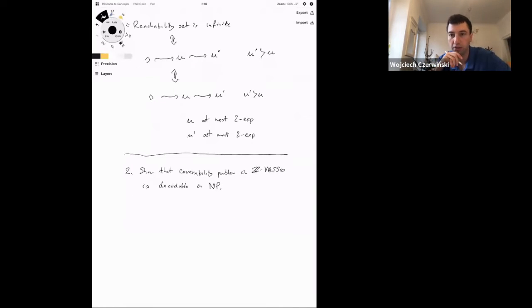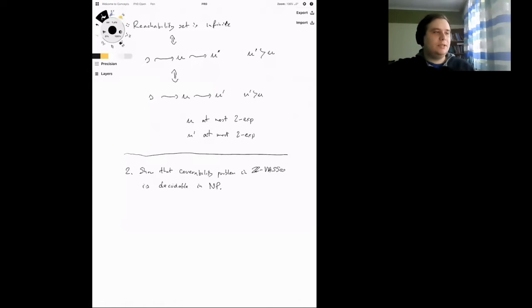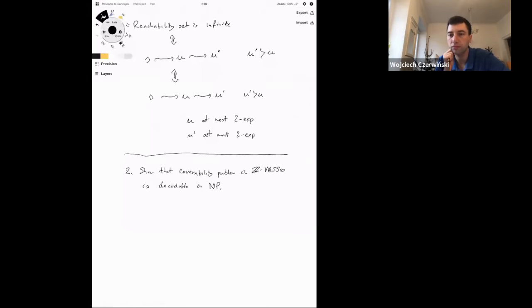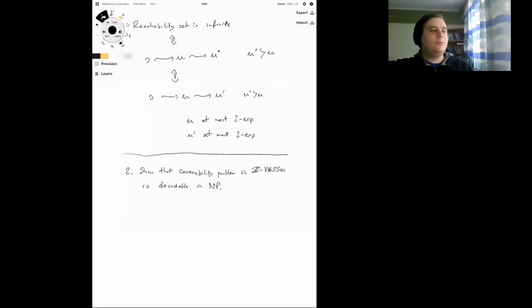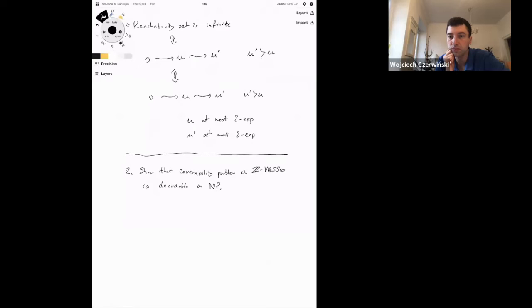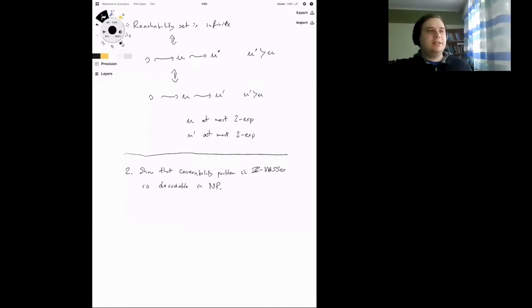Okay, so maybe some ideas about this exercise number 2. If you have some idea, then please go ahead. The first thing is it doesn't matter where we start, so we might as well start from the origin. We have to decide for each vector how many times it is applied to that origin, and whether these numbers can be set in such a way that we get a point in Z^d whose coordinates are all at least 0 and at least one of the coordinates is greater than 0.